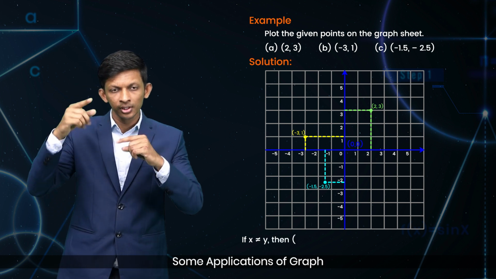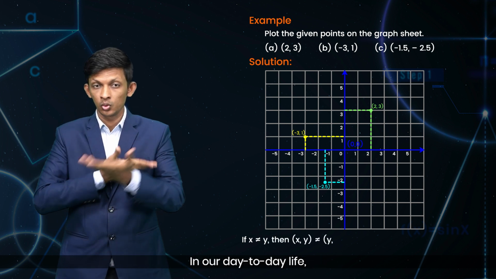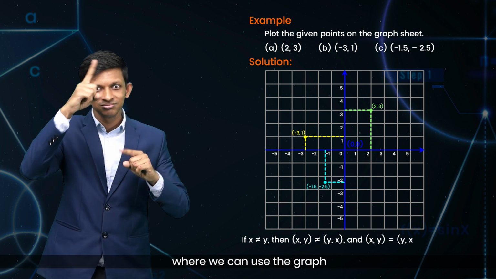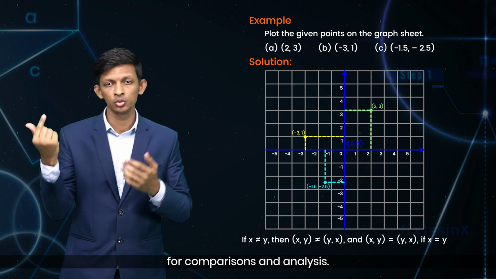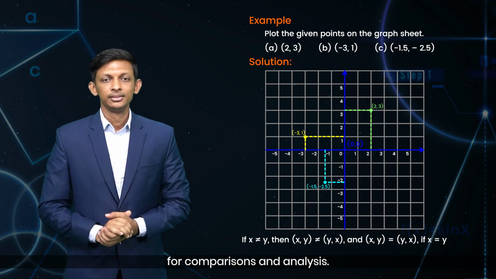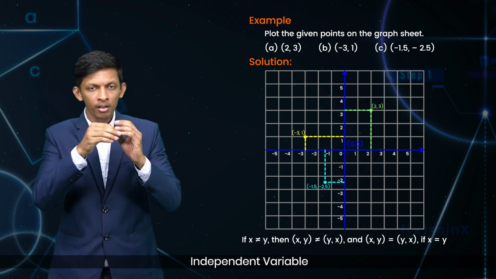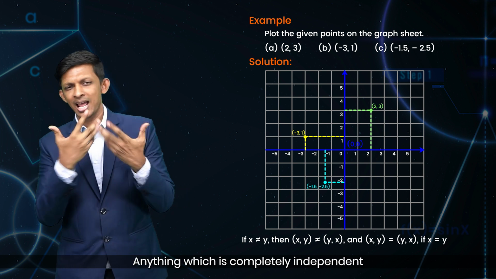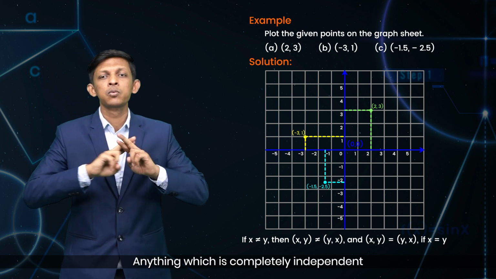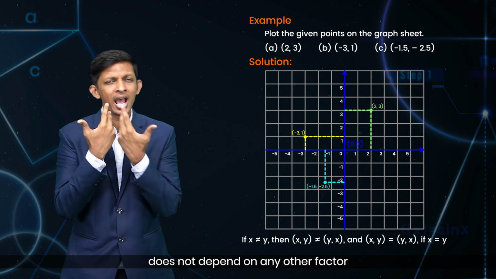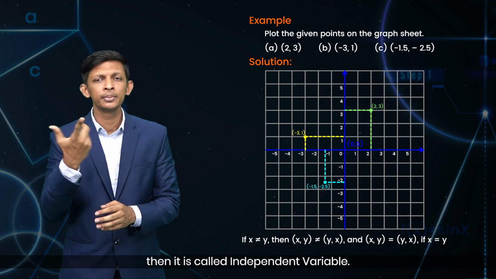Some applications of graph. In our day-to-day life, there are so many situations where we can use the graph for comparisons and analysis. Independent variable. Anything which is completely independent and its movement does not depend on any other factor is called independent variable.